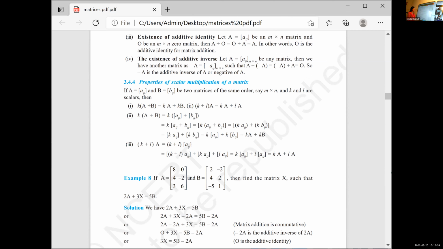Similarly, next is properties of scalar multiplication. Krishna Chandran, read the properties of scalar multiplication.